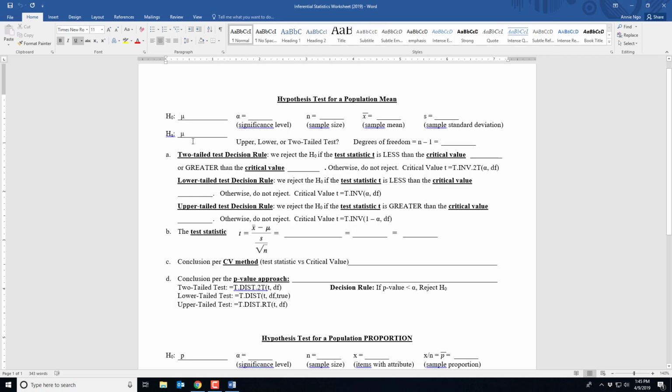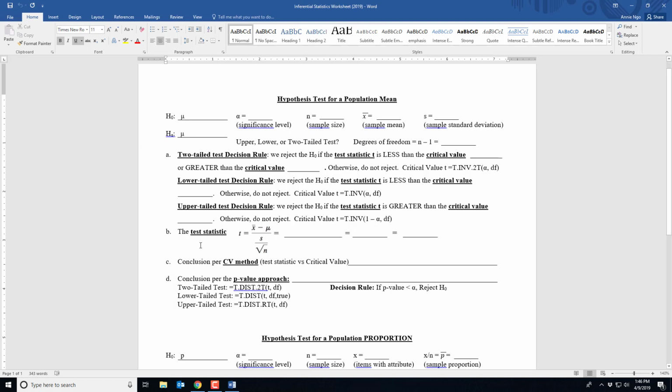If you are doing an alternative statement that has a greater than symbol, then you're doing an upper tail test, and you'll want to use this third statement here for your decision rule. And again, I have the critical t-value formula in Excel that you'll use to find your critical t-value for the decision rule. You will not use all 3 decision rules. You'll only use the one that applies to your null and alternative hypothesis setup.